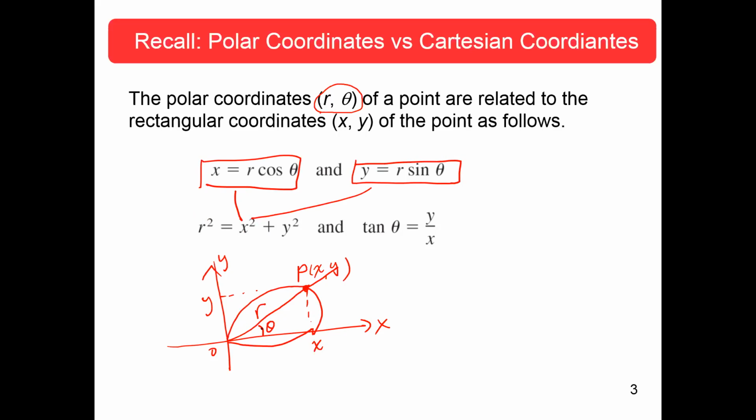For this angle theta, its tangent value is going to be y over x. So that's very quickly the review of the transition between polar coordinates and the traditional Cartesian coordinates that we're familiar with.